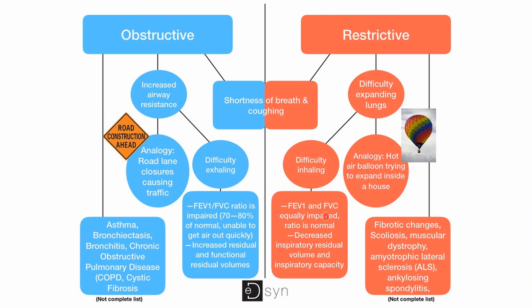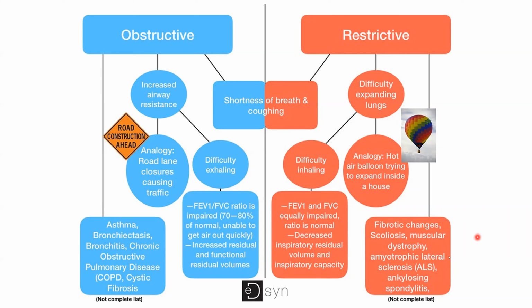And so although our FEV1 and FVC are equally impaired, the ratio between the two is actually normal. And unlike obstructive disease, where our residual volume and functional residual volumes are increased, in restrictive diseases we have the inspiratory residual volume and inspiratory capacity being decreased.